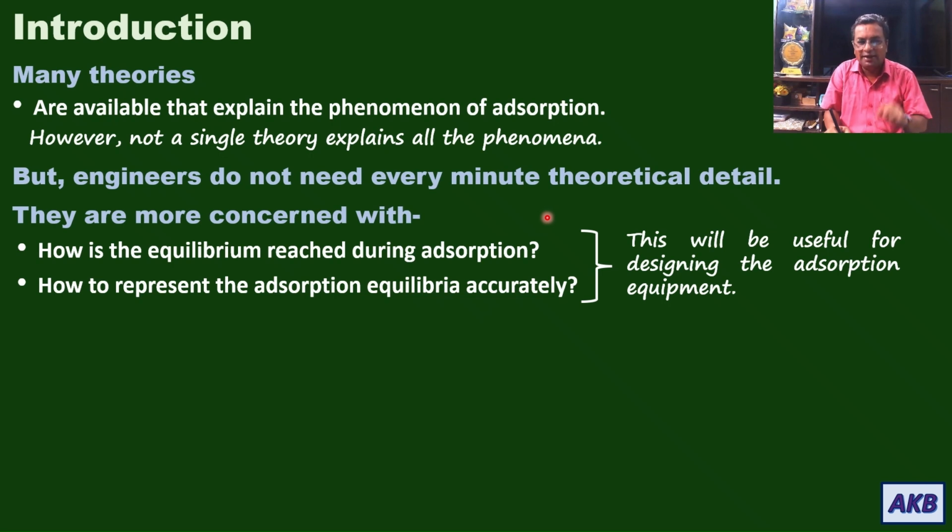They are interested in knowing how the equilibrium is reached, and how to represent the adsorption equilibria. Why are they interested in these two questions? Because if they know the answers, they will use that information for designing the adsorption equipment.